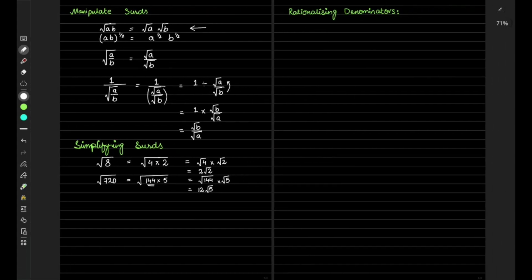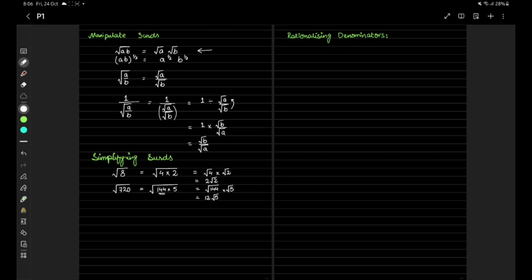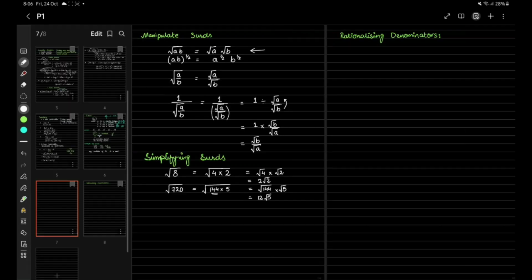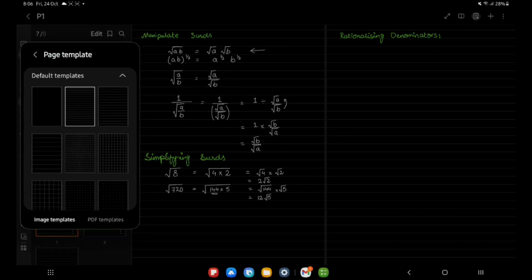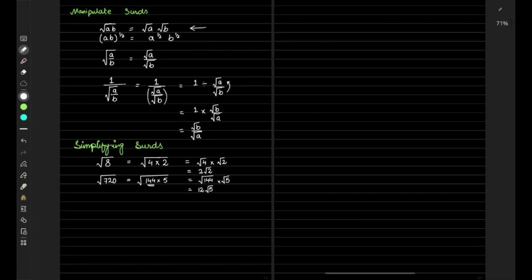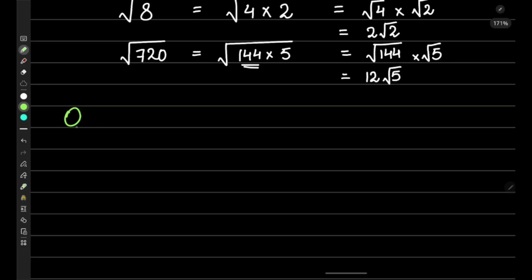Next thing is how to do operations on surds, meaning how to add surds, subtract surds, multiply or divide surds. So let's look into that. Operations on surds.